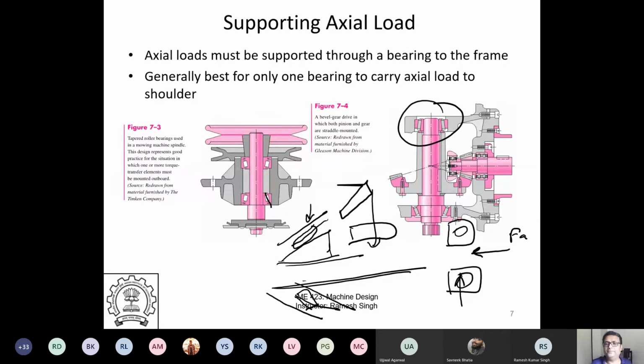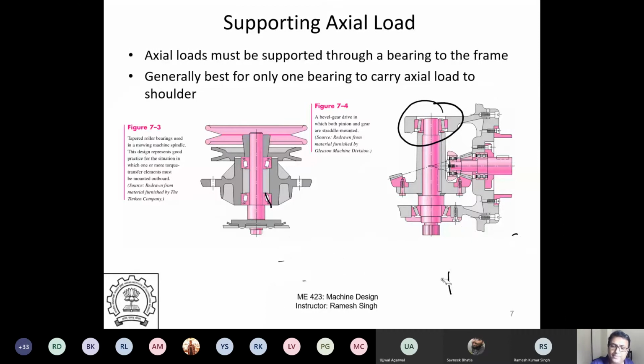So rollers are tapered. Now, if they're not tapered, what will happen is they can come out. But here, since the rollers are at an angle, they are designed to take some axial loads. I'll discuss more when I teach bearings, and I'll show you how a tapered bearing looks.